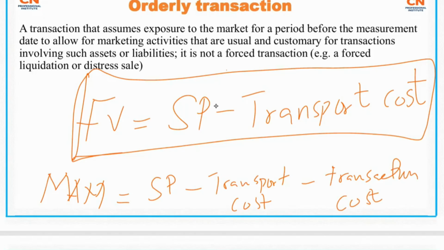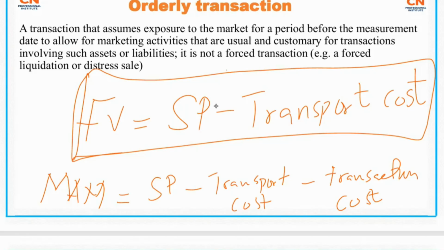You see, you've seen the two now. To get the most advantageous market, you just pick your selling price, less your transport cost and less the transaction cost. Then we said you compare the two, and the one with the higher figure becomes the most advantageous. So you see, the most advantageous market takes into account both transport cost and transaction cost. But fair value takes into account only transport cost.